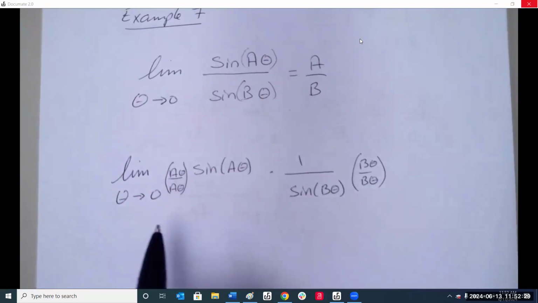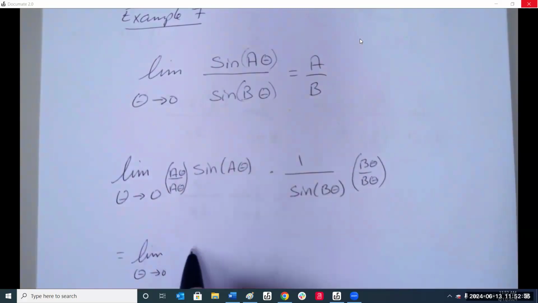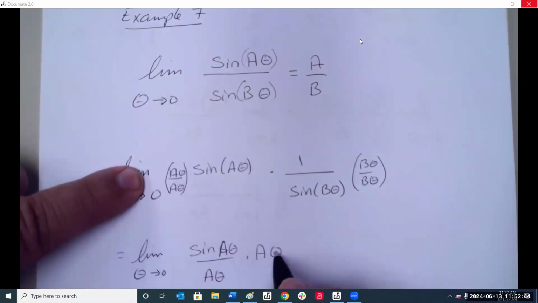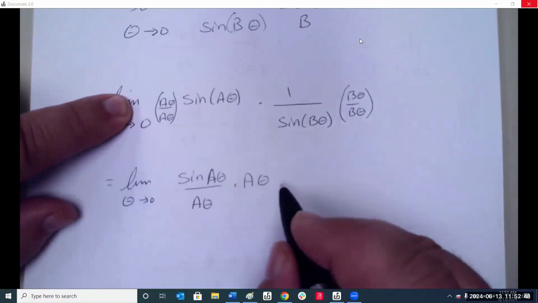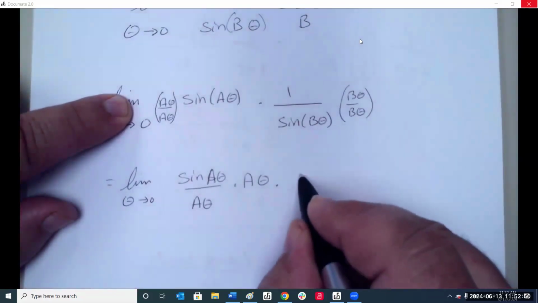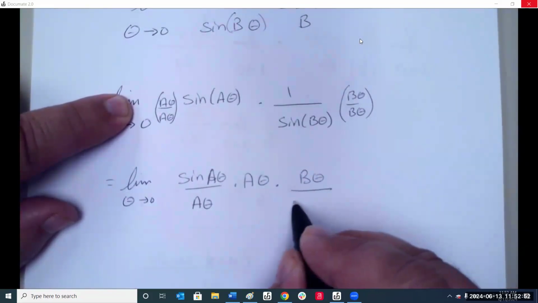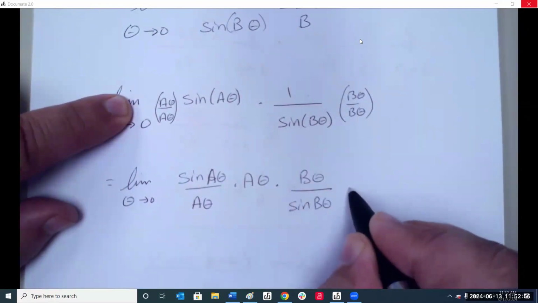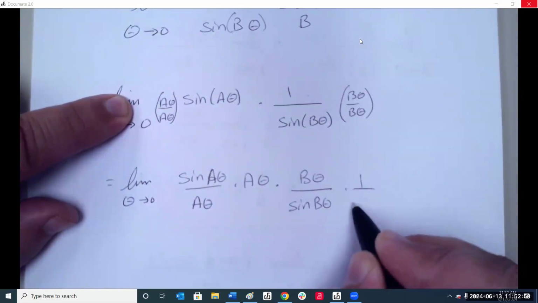Those are just one, which is exactly what we wanted. So it's not going to change anything. We just change the way it looks. So now we have sine A theta over A theta times A theta times B theta over sine B theta times 1 over B theta.